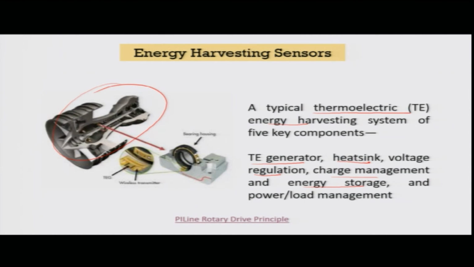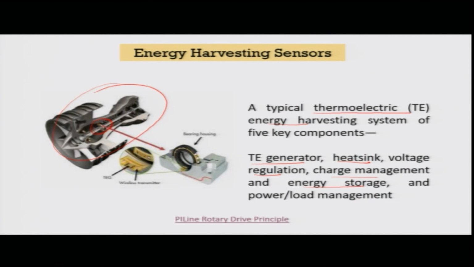Now, how do you get power for the sensors? Well, I have talked about pyroelectricity in gallium arsenide. So, using very similar things, you can extract the heat that it is subjected to; this part is very hot, then that heat can be used to generate electricity, and then that electricity can be used.